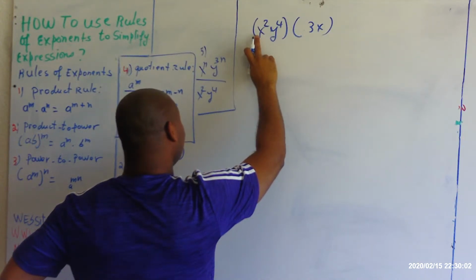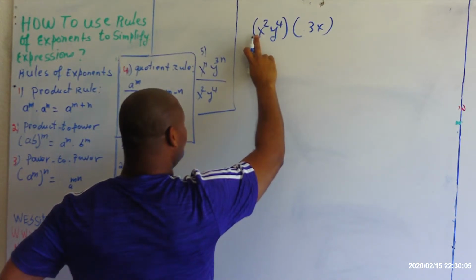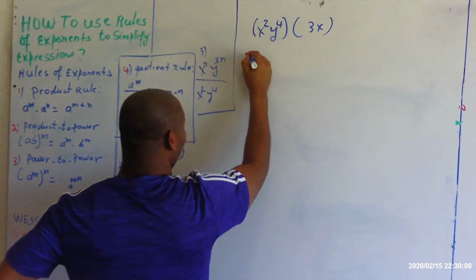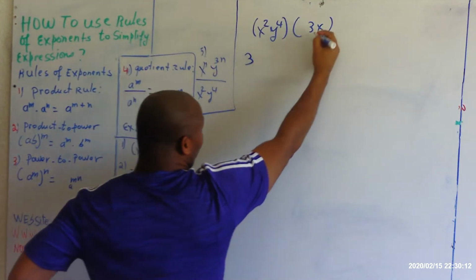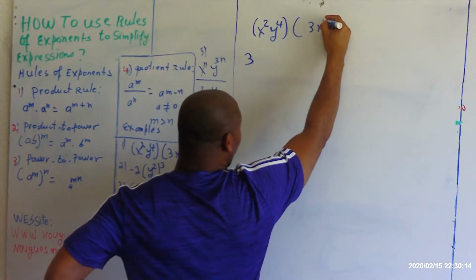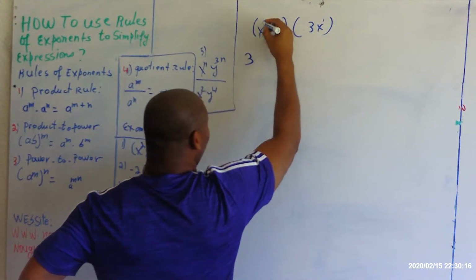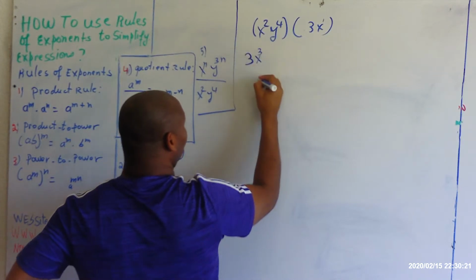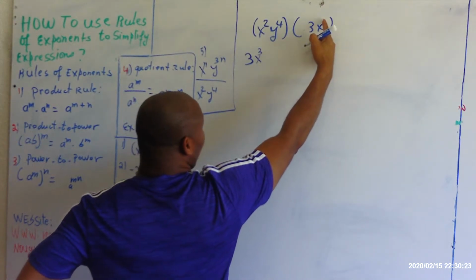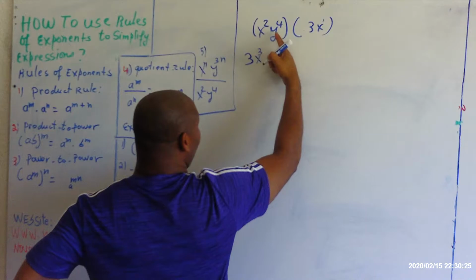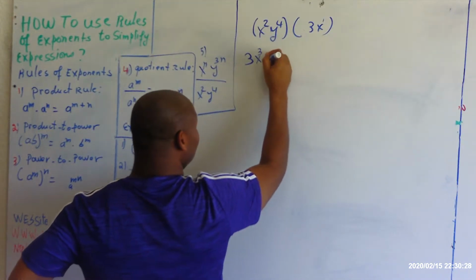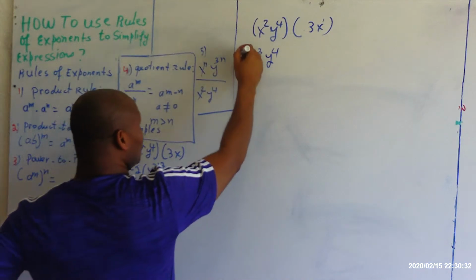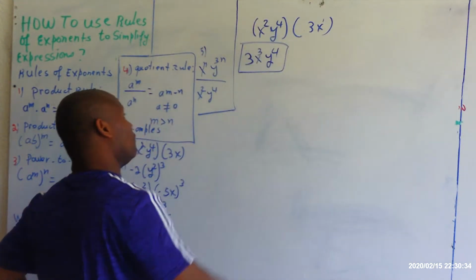It is invisible. We can say 1 times 3, that's going to be 3. Remember there is an invisible 1 right here, so the exponents are 1 plus 2, that's going to be 3. So x to the 3. There is no other y, you can just write y to the 4. That's the first example.